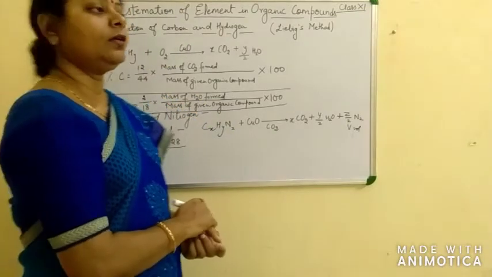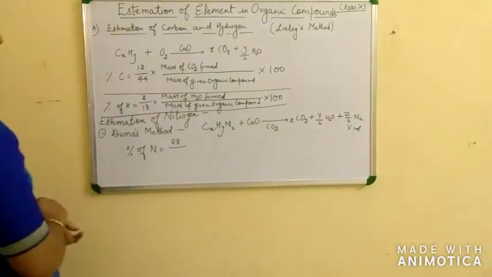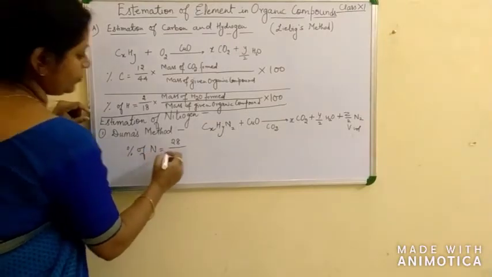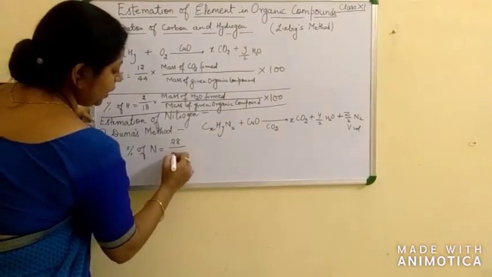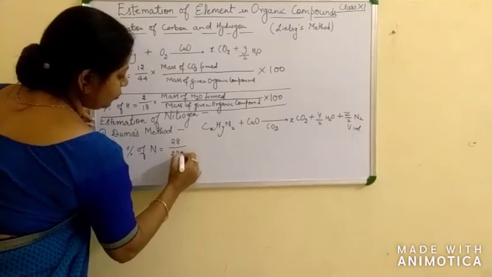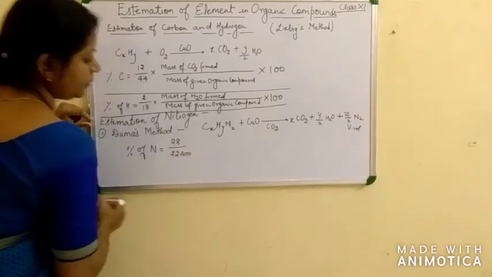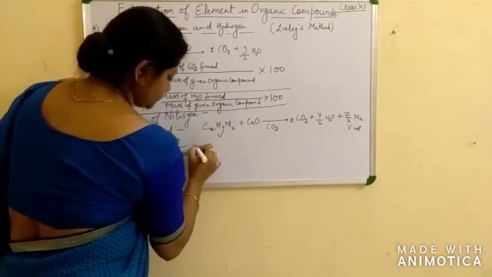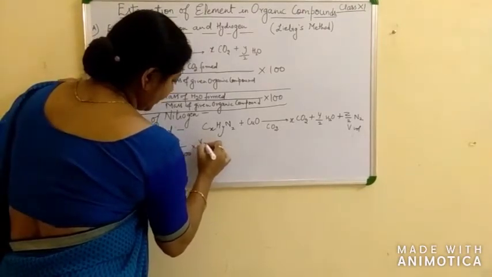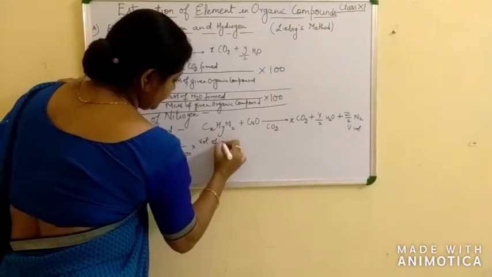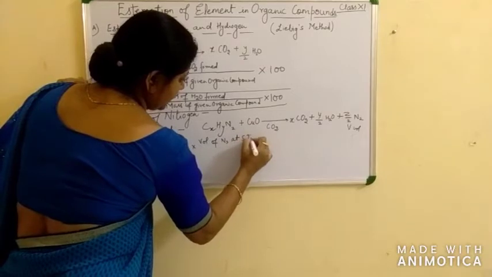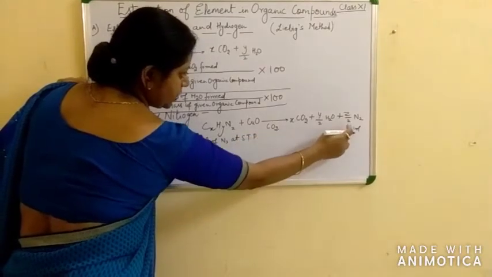After that, we use the following equation: percentage of nitrogen is equal to 28 divided by 22,400 milliliter, which is the STP volume, into volume of nitrogen at STP, that we get by using the gas law.